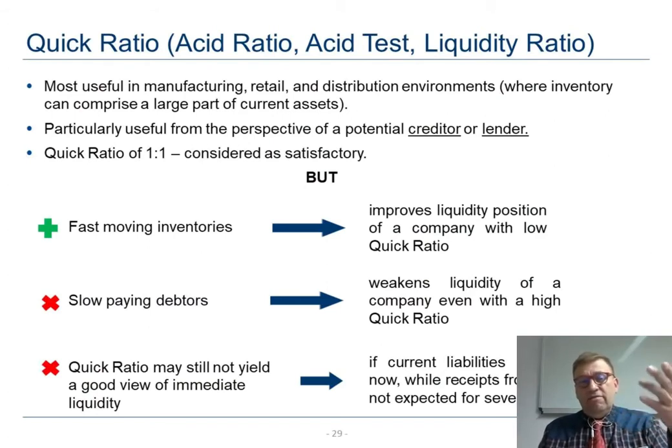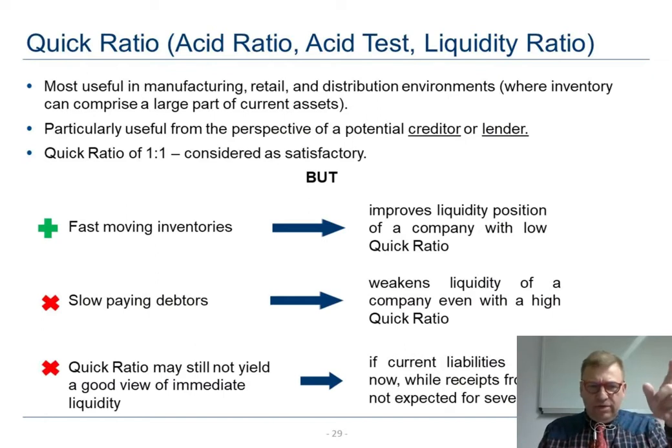Maybe it's a very interesting retailer who does this. Again, in quick ratio, when slow-paying debtors exist in the company, because we have the receivables in that, then it weakens the liquidity of a company, even if this quick ratio is substantially higher.